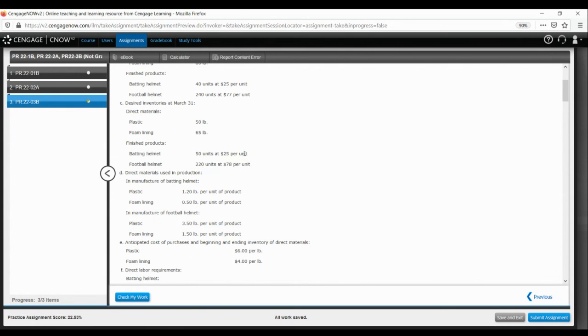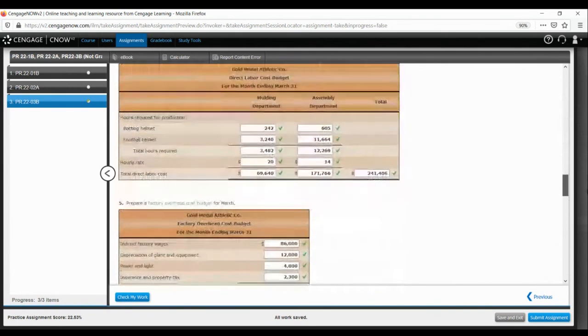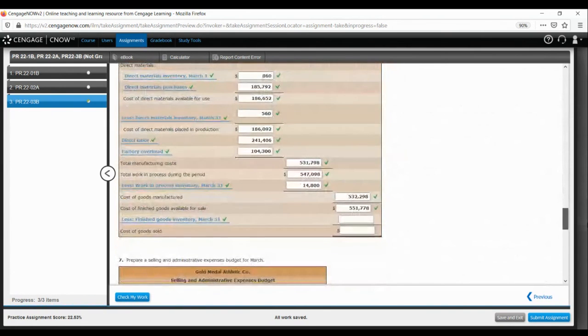The two of these are going to be combined together, and that will give you the ending inventory of 18,410.